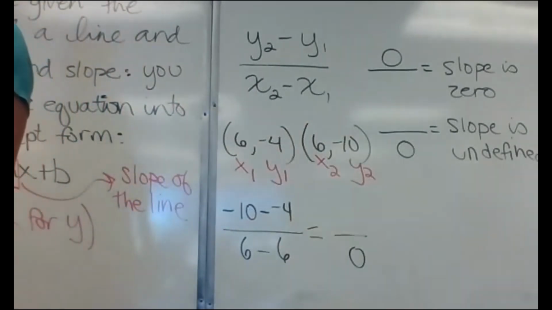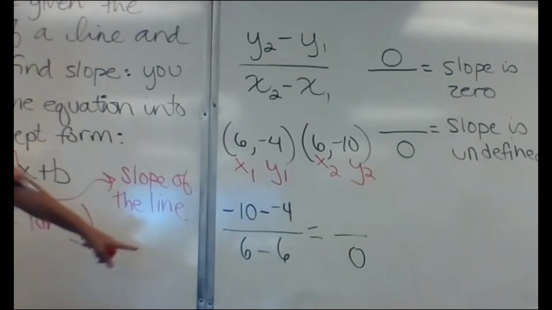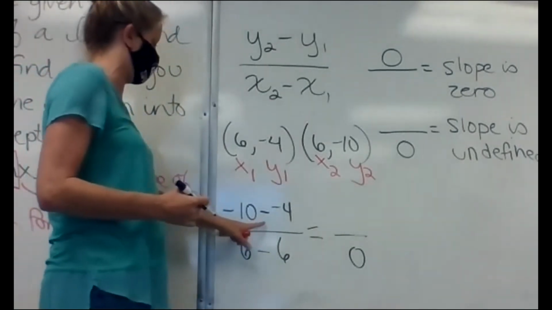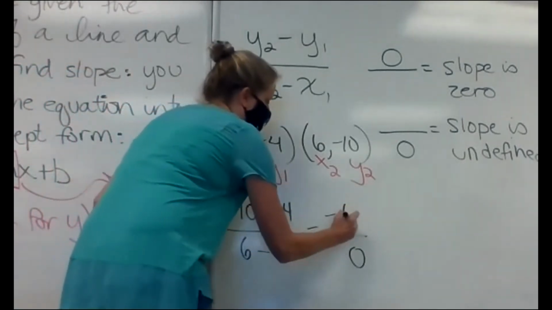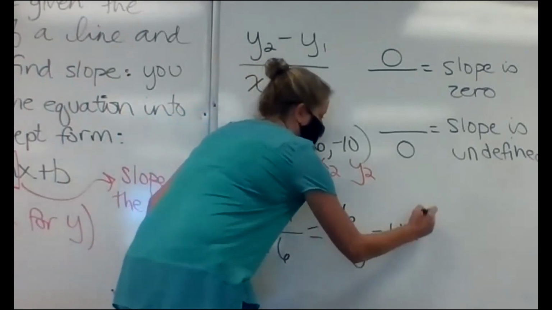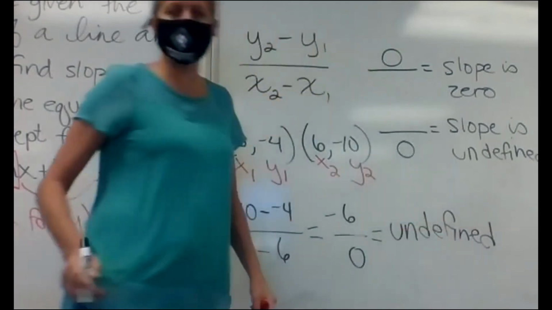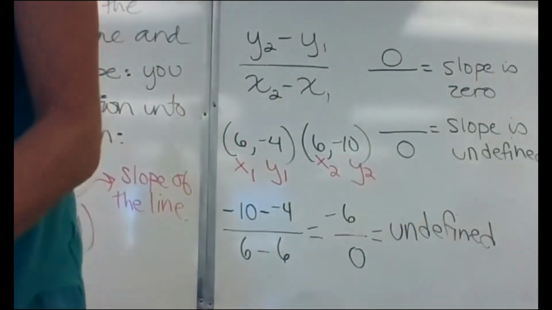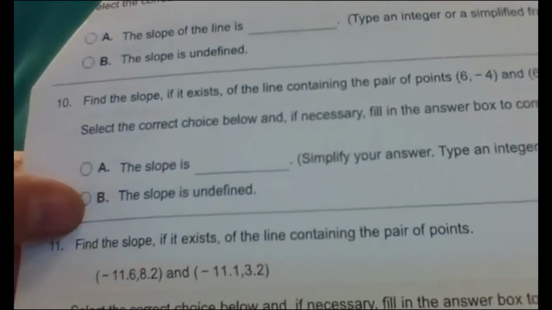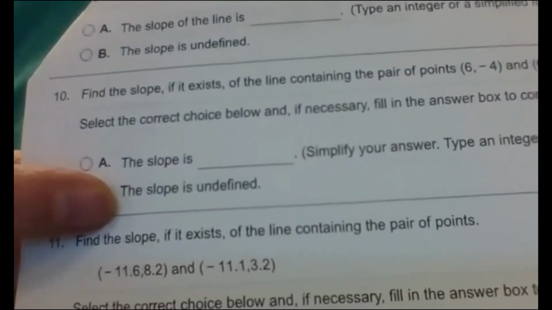It's not going to matter what the top is, because if the bottom is 0, it's undefined. If I did type this in, negative 10 minus negative 4, it would give me negative 6, but it doesn't matter, because I had a 0 in the bottom. So that's when you would check the B option. Right here, the slope is undefined.